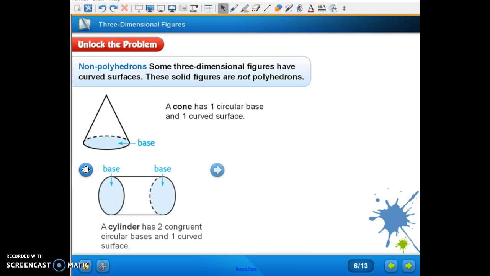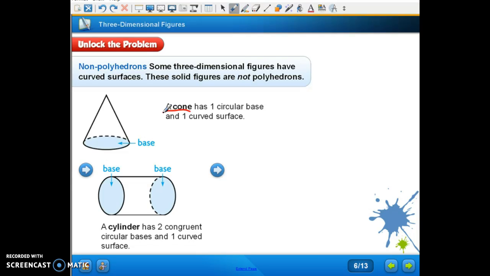It does have a base. What shape is its base? Circle. Okay, so what do we call this? A cone, right? What shape does this base have? Circle. Now, it has two bases, but it doesn't have any lateral faces because it's curved.